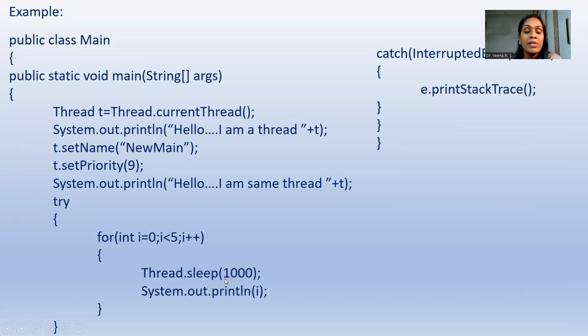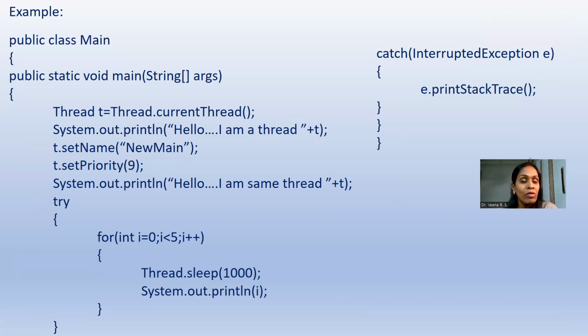And also remember one thing, whenever you are making use of a sleep method in multi-threaded programming or thread classes, that statement can be written only within a try block. If you don't write it in a try block, the program may throw an error. So that's why we have put Thread.sleep in a try block. In case there is an exception, it will be able to catch that particular exception.